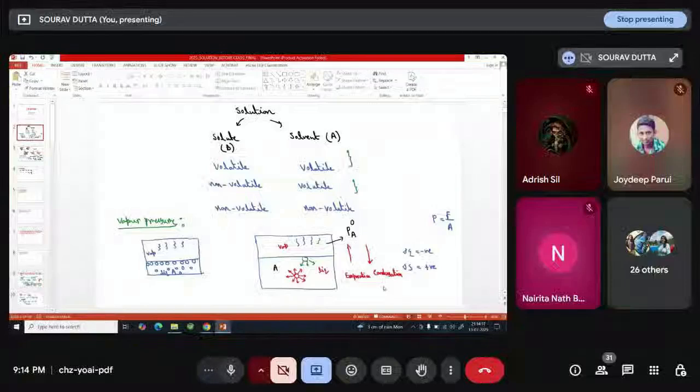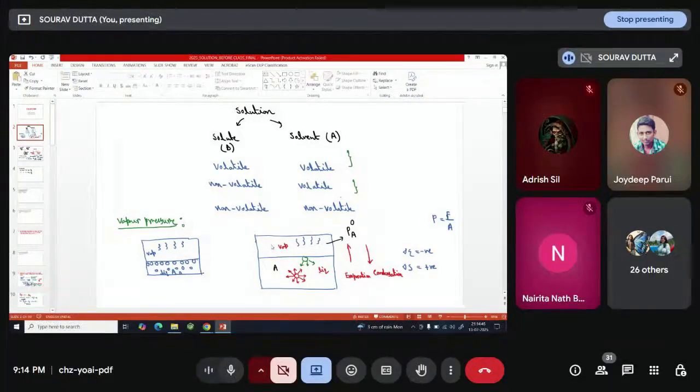Under such conditions, the molecules that are present mainly in the vapor phase exert a force per unit area on the wall, and that force is known as vapor pressure, because pressure is force per unit area. So the vapor molecules present in the vapor phase create the pressure which is known as vapor pressure.